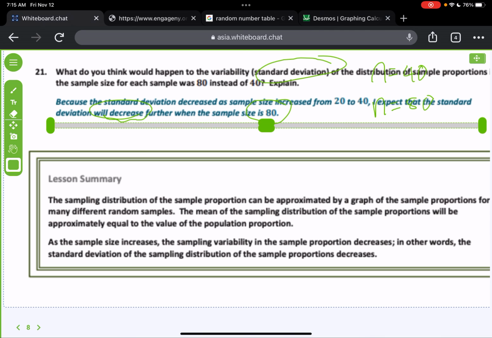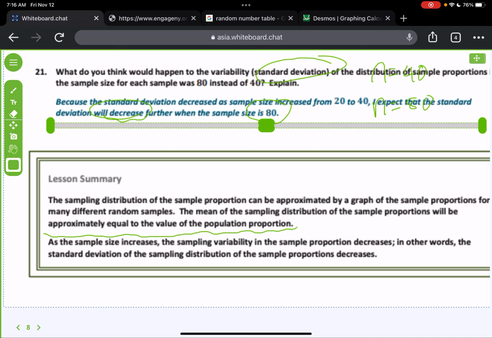The sampling distribution of the sample proportion can be approximated by a graph of sample proportions for many different random samples. The mean of the sampling distribution of the sample proportions will be approximately equal to the value of the population proportion. As the sample size increases, the sampling variability in the sample proportions decreases.